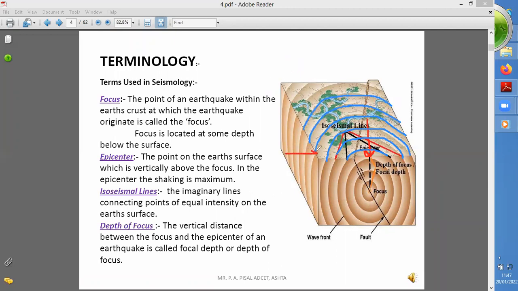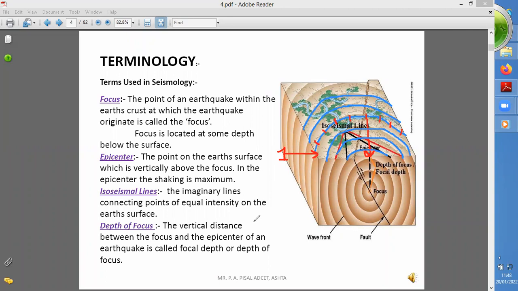If you take any line here, suppose I have chosen this first line here, now on this whole line, when you check the intensity or magnitude of the earthquake at any point, the intensity or magnitude will be same at all locations. So isoseismal lines means same seismicity line, the line which shows points of equal intensities. Such lines are considered as isoseismal lines. The imaginary line connecting points of equal intensity on the earth surface.